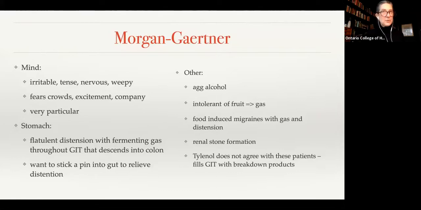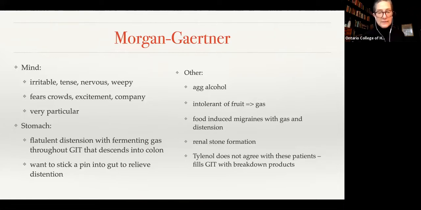The stomach symptoms are strong in this remedy. There's flatulent distension with fermenting gas throughout the gastrointestinal tract that descends into the colon. They have this feeling that they want to stick a pin into their gut to relieve the distension from the gas. Other important keynote and characteristic symptoms are the aggravation from alcohol, the intolerance of fruit, which becomes gas in the gastrointestinal tract right away.